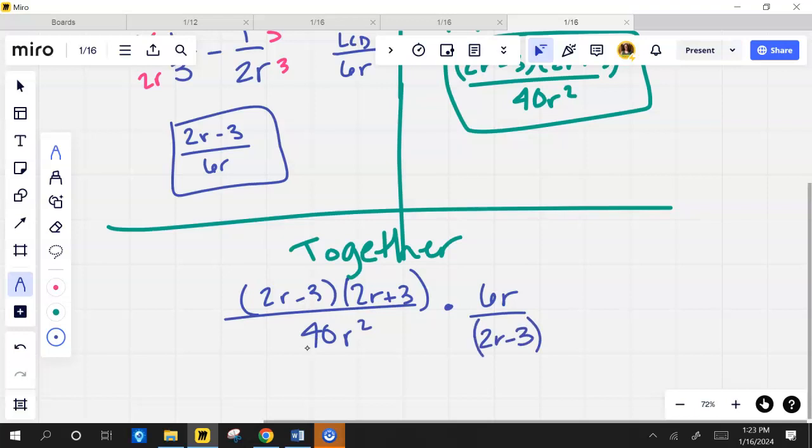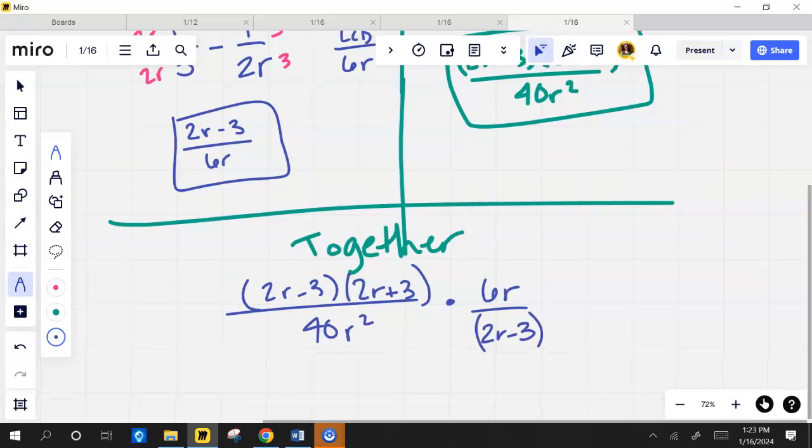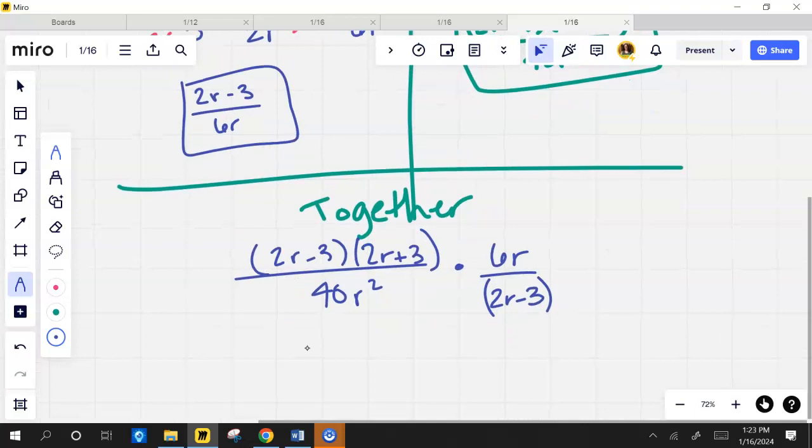Now I can just start crossing stuff out: 2R minus 3. You can always enclose the entire bottom or entire top in parentheses.